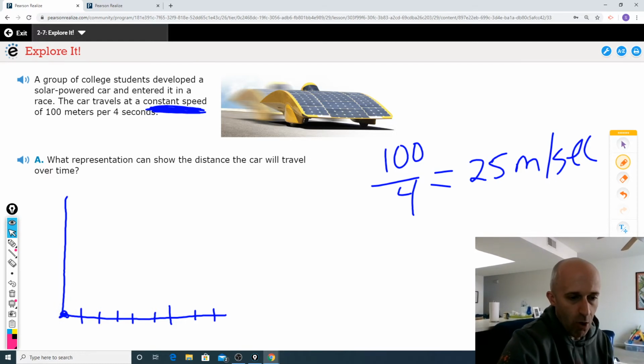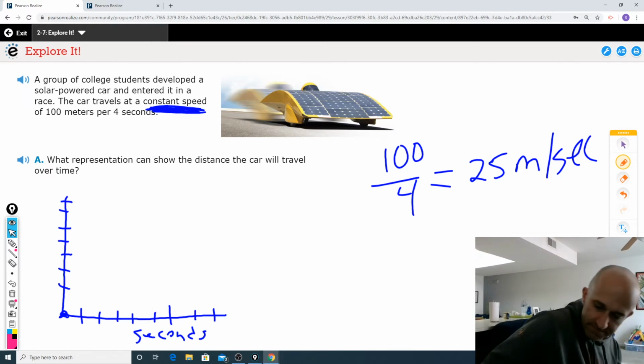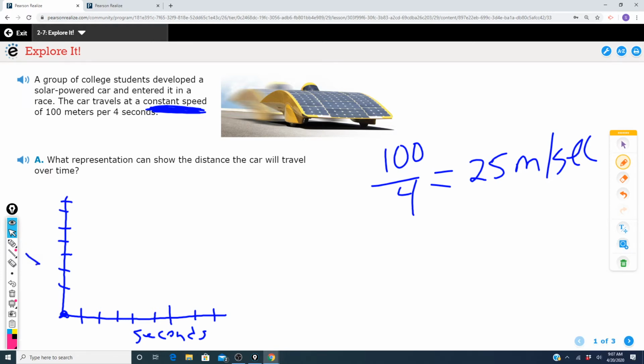So our bottom axis, our x-axis right here, is going to be how many seconds of travel, and bear with my writing as always here. Then our y-axis here is going to be the distance, your distance that gets traveled.